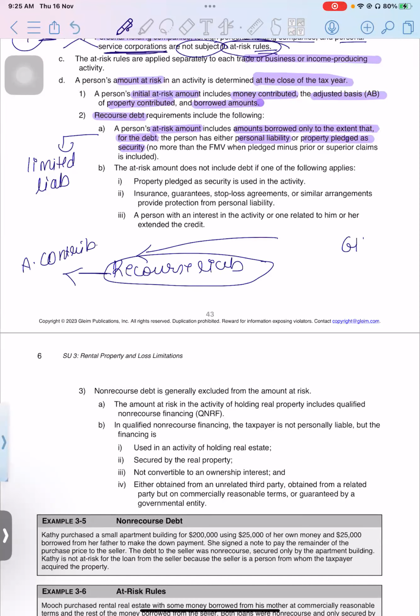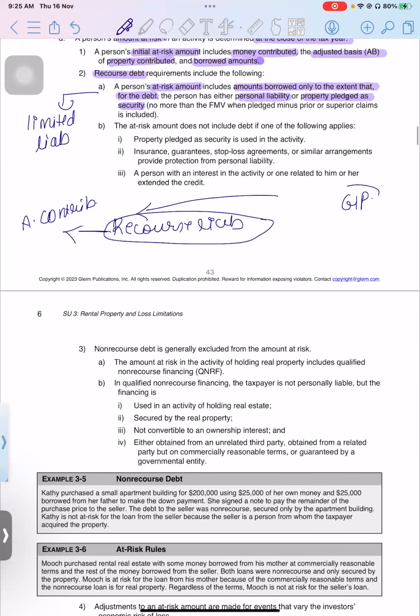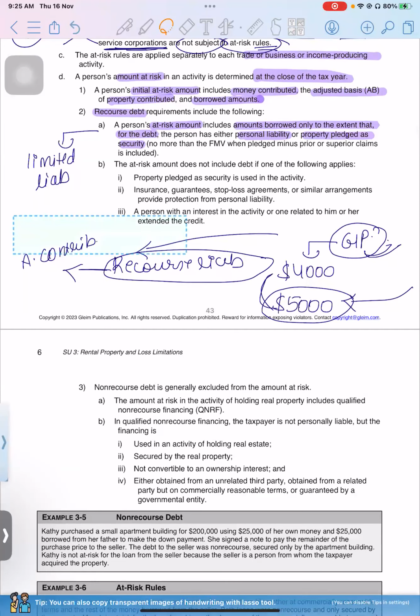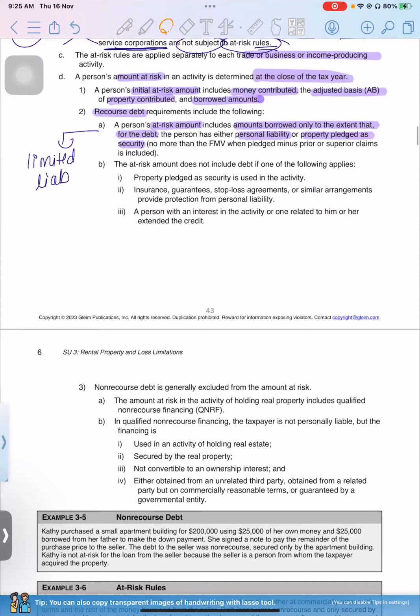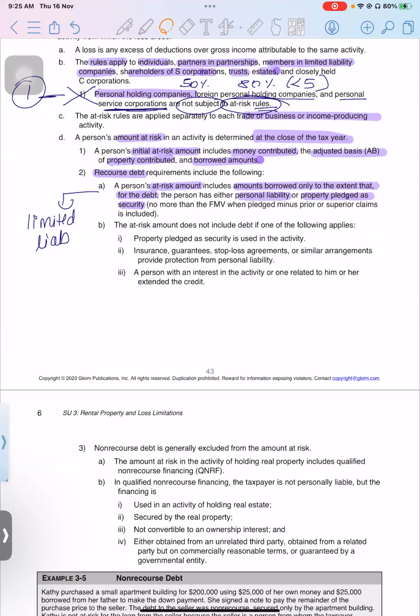If it's a general partner, let's say he has contributed 4,000, but his recourse liability is $5,000, he will be liable for the whole 5,000 since he's a general partner. Got it, guys? I hope this much is clear. So it is telling us about the recourse debt, because the at-risk rule is all about your debt for which you are liable.